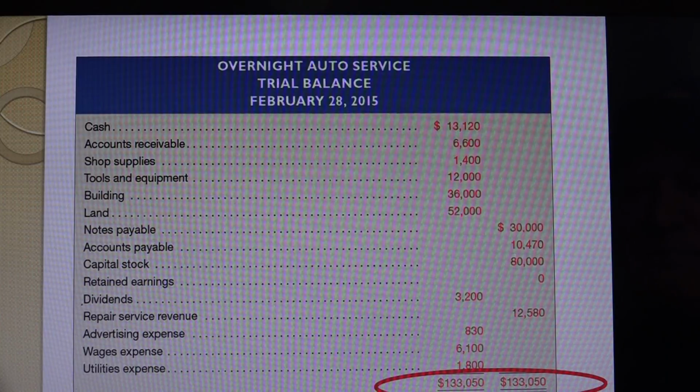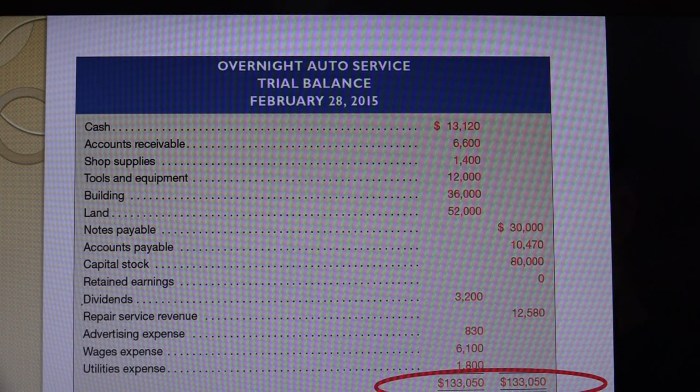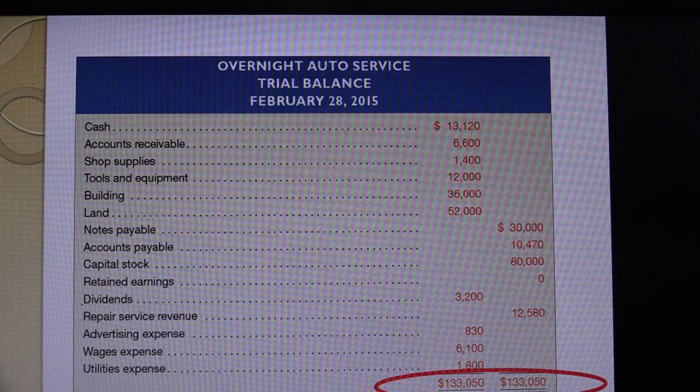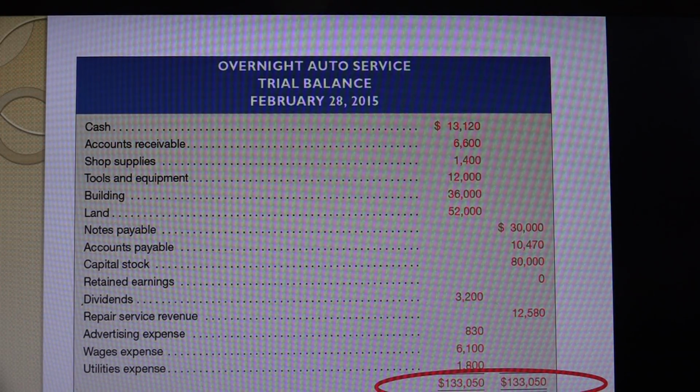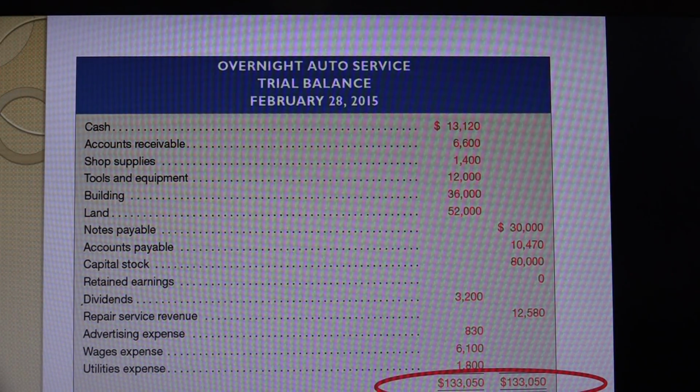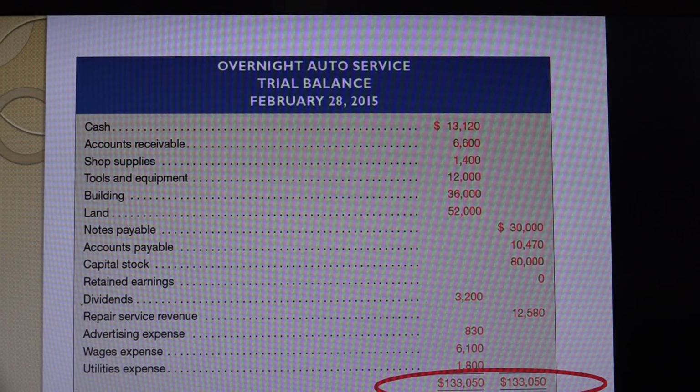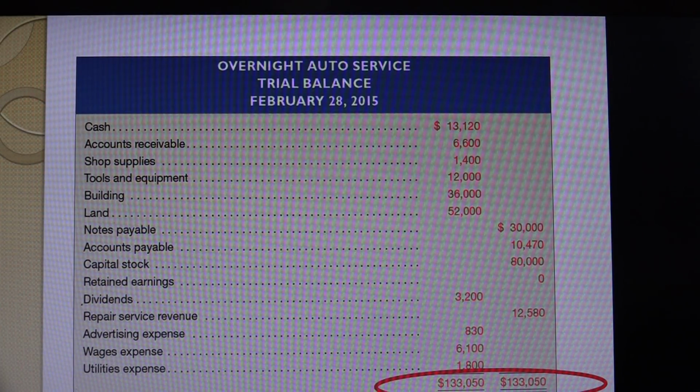If not, you have a big problem, or possibly a big problem. Debits have to equal credits, right? Now what does the trial balance not indicate, in this case where debits do equal credits? Well, it doesn't indicate that you've recorded all the transactions properly, because you might place them in the wrong accounts.